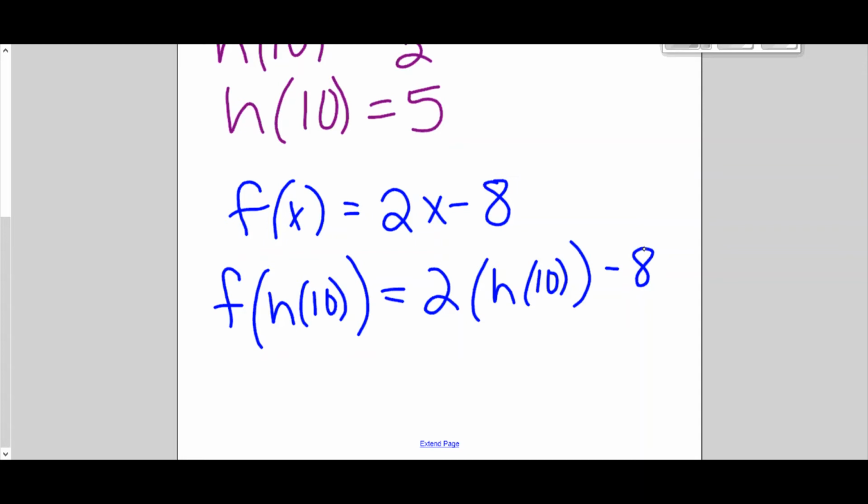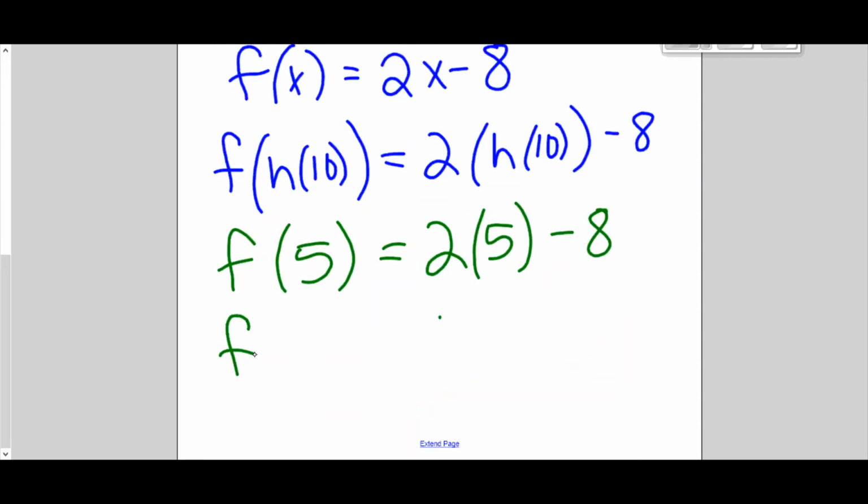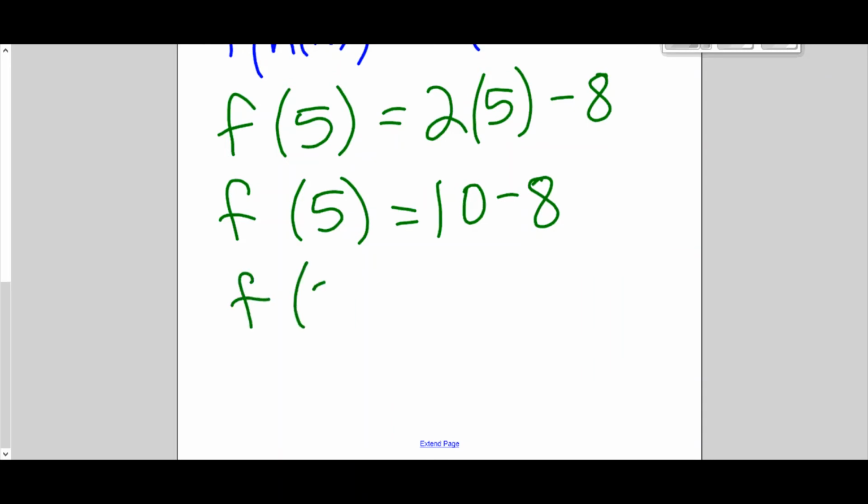So here we're plugging in h of 10. Well, we know what h of 10 is. We just found h of 10. It's 5. So we're going to replace this and we're going to say this is f of 5 equals 2 times 5 minus 8. So this is f of 5 equals 10 minus 8, which means f of 5 equals 2.